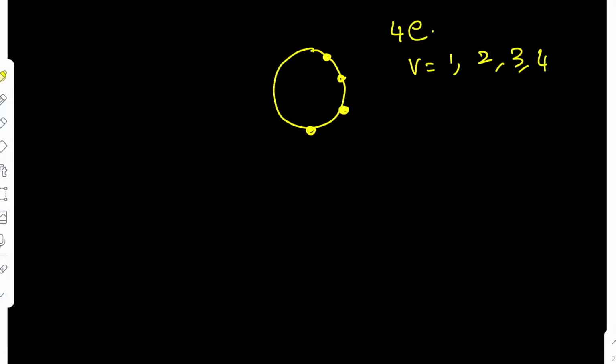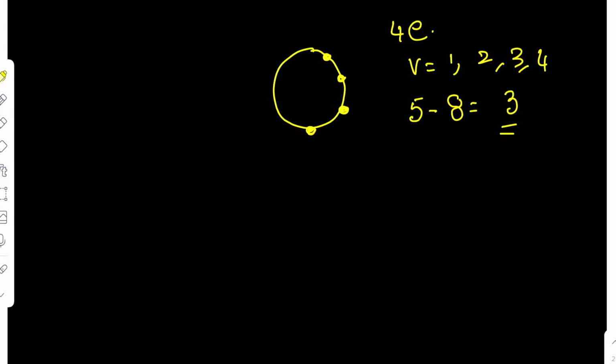But if the element has more than 4 electrons in the outermost shell, then 5 minus 8 would be the number of electrons it would require to complete its octet. I've just taken 5. If there are 6, then you would take 6 minus 8 and see the number of electrons which it would require to complete its octet, and the difference would be the valency of that particular element.